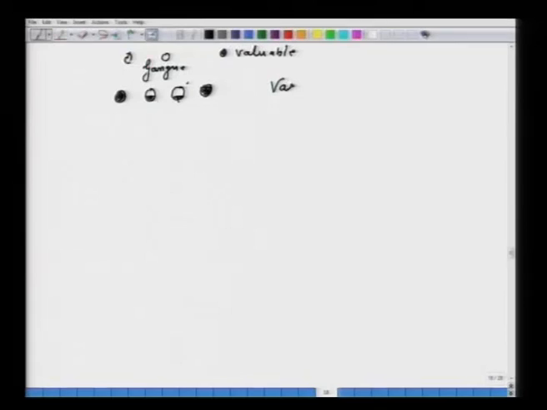Now, here you should also note that in this mixture we have variation in density of particles. What does it mean?